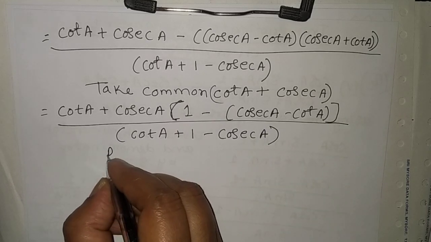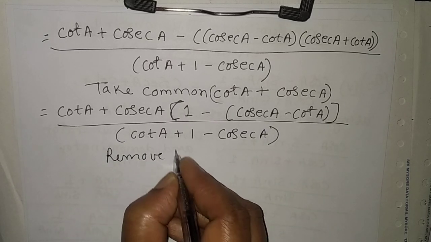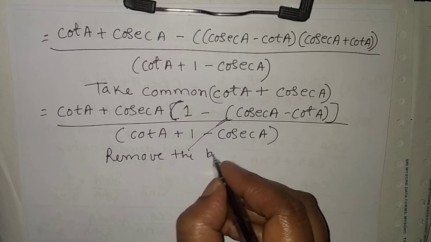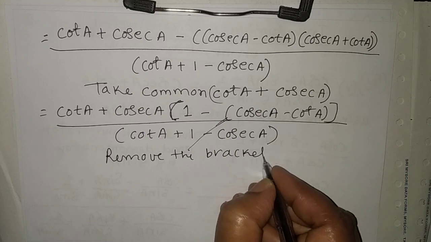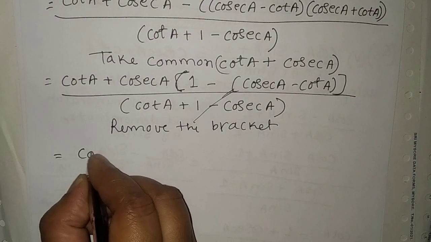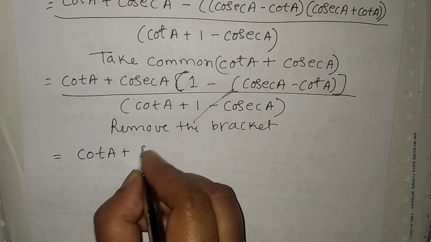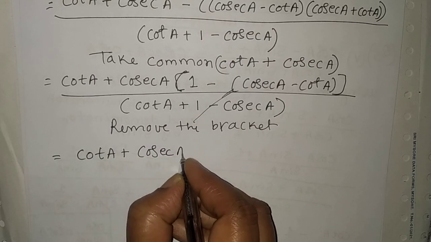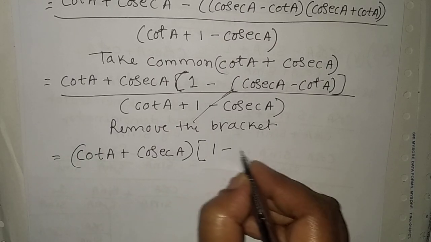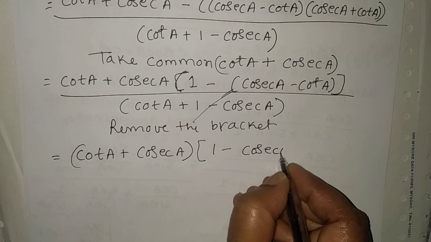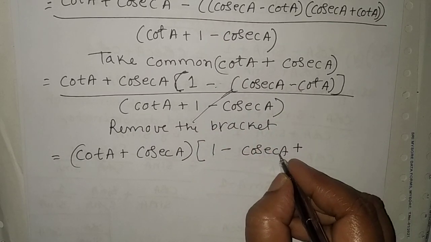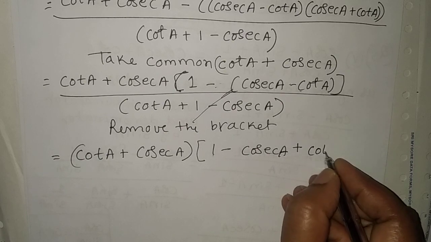Now remove the bracket. After removing the bracket, cot A plus cosecant A times (1 minus cosecant A, and minus into minus becomes plus, plus cot A).